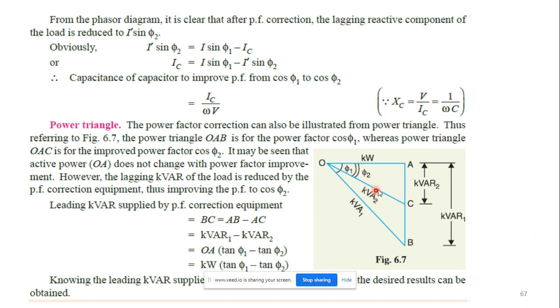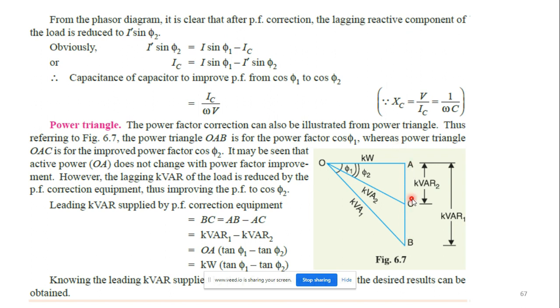Also we can use the power triangle. Here the kilowatt rating remains the same. kVA1 and kVA2 are the initial and final ratings, and kVAR1 and kVAR2 are the reactive power ratings. So while using the capacitor bank, the leading kVAR supplied by the power factor correction equipment will be kVAR1 minus kVAR2, which is equal to OA into tan phi 1 minus tan phi 2.